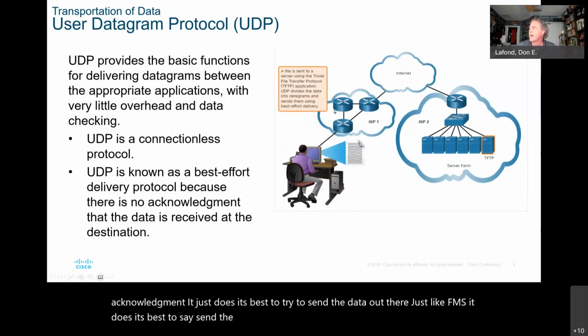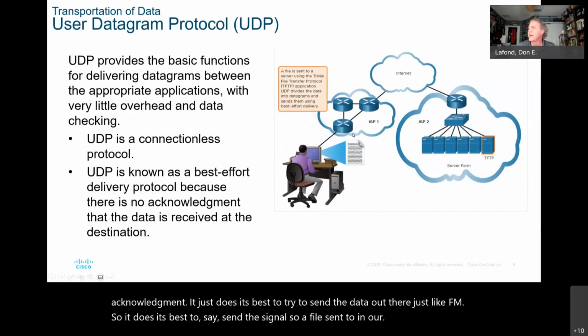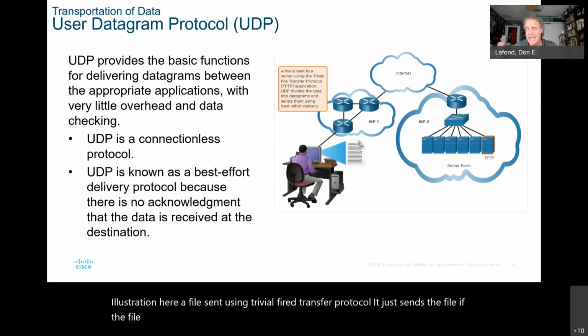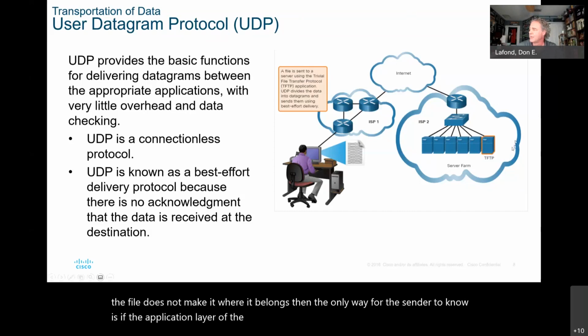So in our illustration here, a file sent using Trivial File Transfer Protocol, it just sends the file. If the file does not make it where it belongs, then the only way for the sender to know is if the application layer of the sending computer, this server over here, sends a message back saying, hey, I didn't get that file.